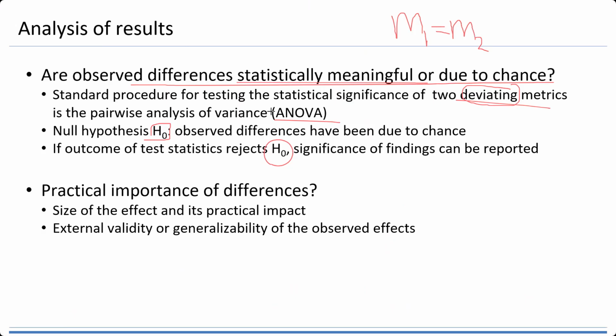If the deviation is high, then maybe it is not robust or something is different with the experiment. Or the practical importance of differences, the size of the effect and its practical impact. Or we can also look at the external validity or generalizability of the observed effects.